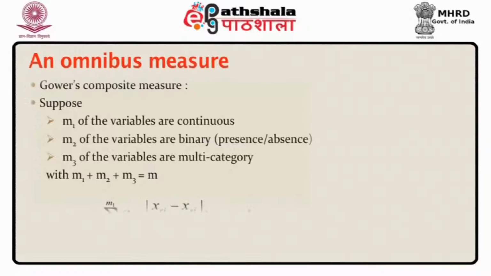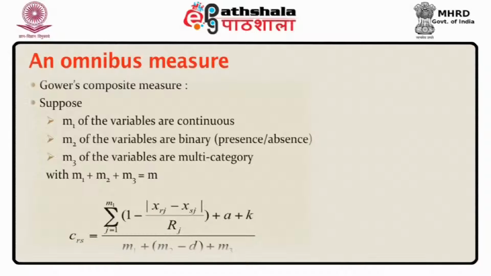So, m1 of the total number of variables is continuous. We have m2 binary and m3 multi-category variables. And then the Gower composite measure is given by this formula here. Now this looks a little difficult to comprehend at first glance, but let's have a look at this.